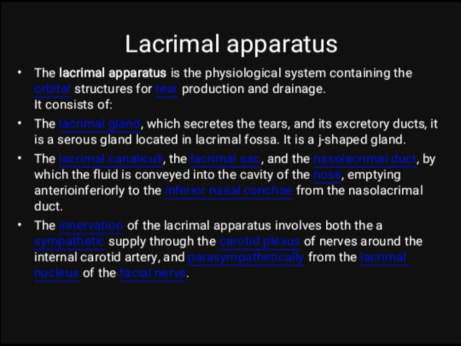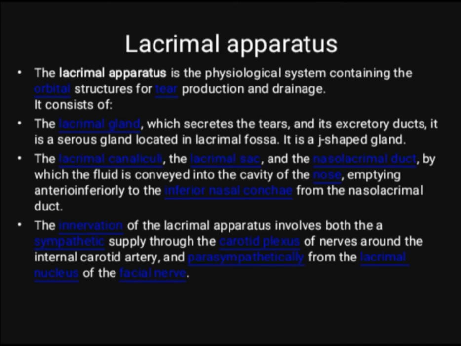Next we have our lacrimal apparatus. The lacrimal apparatus is responsible for the formation and drainage of tears. It consists of the lacrimal gland, which secretes tears, and excretory ducts, which are responsible for draining out the tears. The lacrimal apparatus consists of lacrimal canaliculi, lacrimal sac, and nasolacrimal duct.